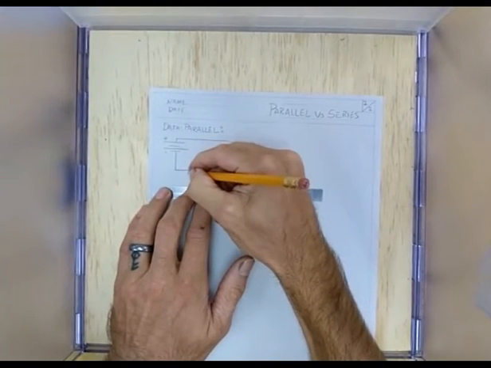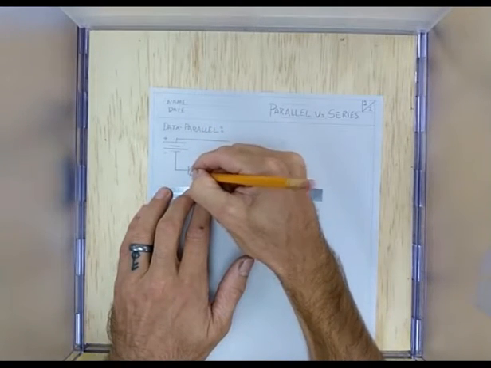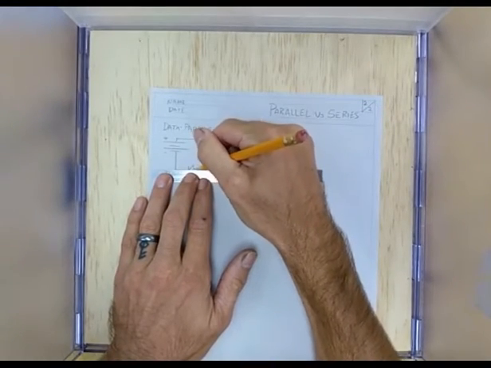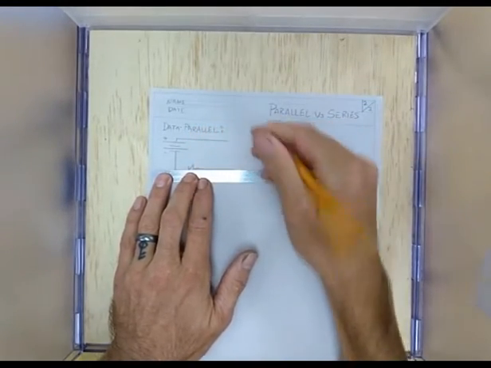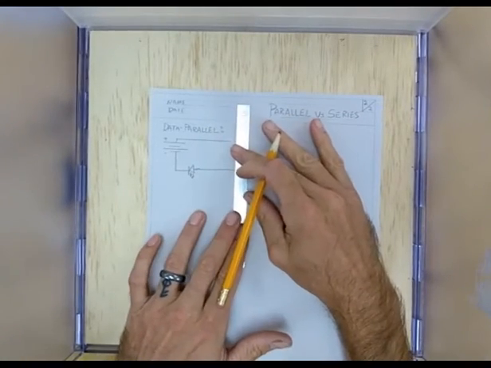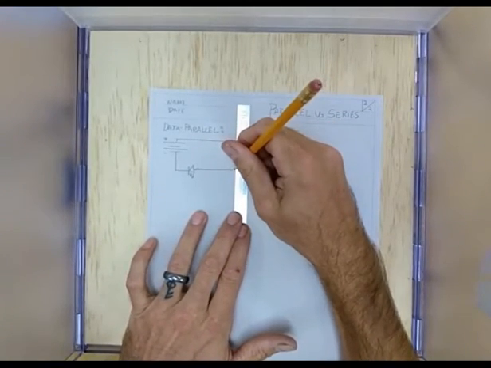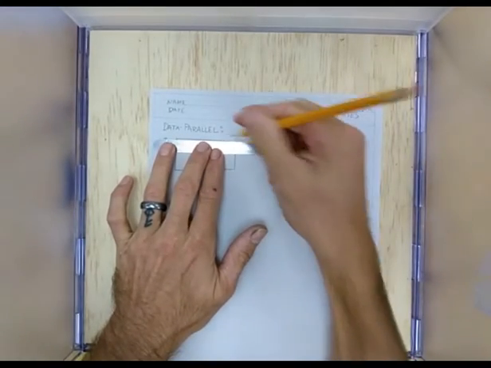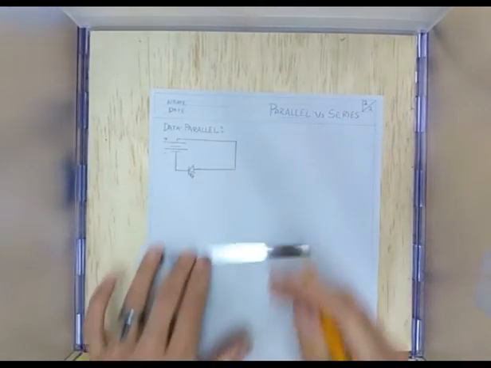What is important for you to understand, as far as the calculation goes, is that the resistors are in parallel with each other. The LED is in series.